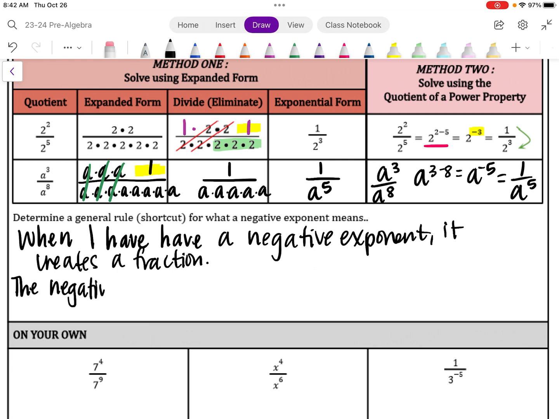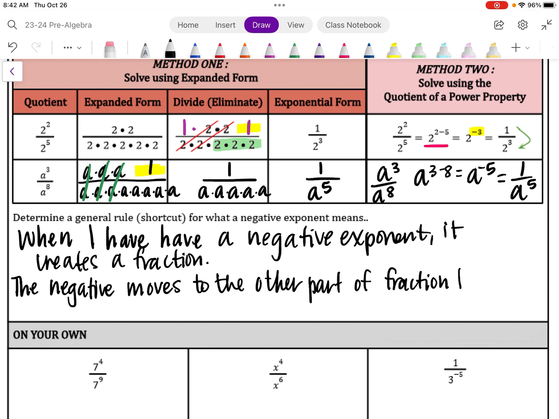The negative moves to the denominator. Let's say the negative moves to the other part of the fraction, actually, and becomes positive.